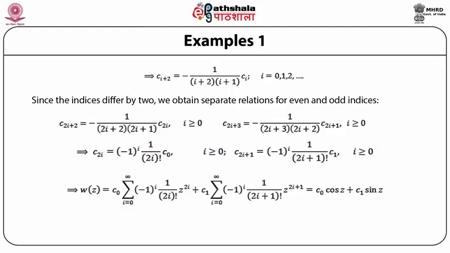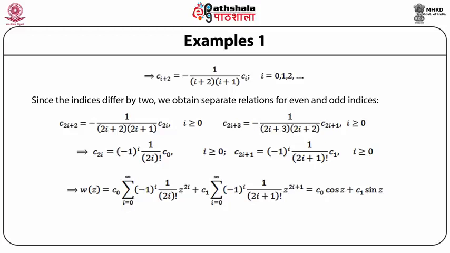This is for i greater than or equal to 0. The other expression is c_(2i+3) is equal to minus 1 by (2i plus 3) into (2i plus 2) multiplied by c_(2i+1) for i greater than or equal to 0.